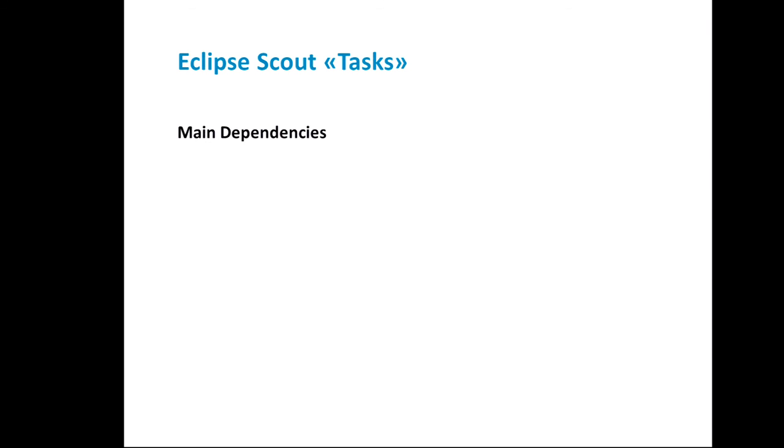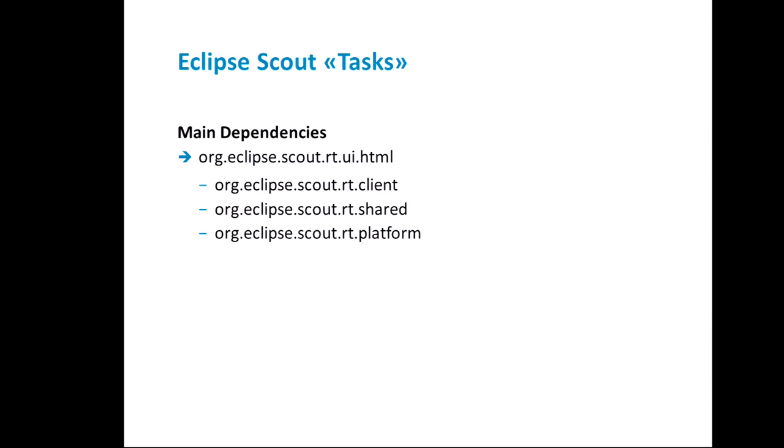Now we're going to look at the Eclipse Scout as it is used in the tasks demo application stack. Main dependencies is basically this UI HTML. We can do that because the UI HTML package has its own dependencies with our client, shared, server. And we don't have a server in that case, but instead we need the platform. The platform is something that is below the client and the server.